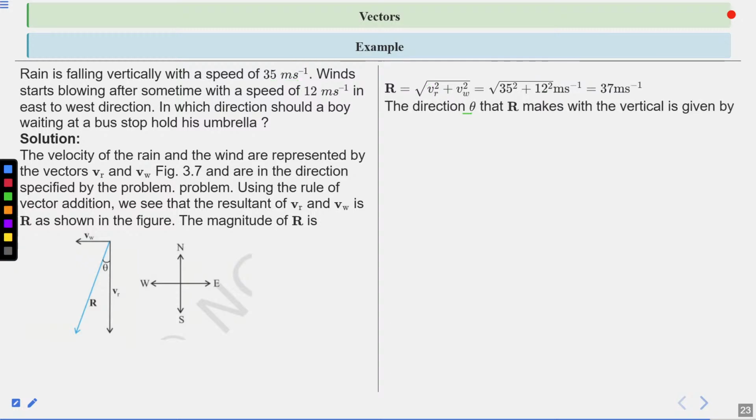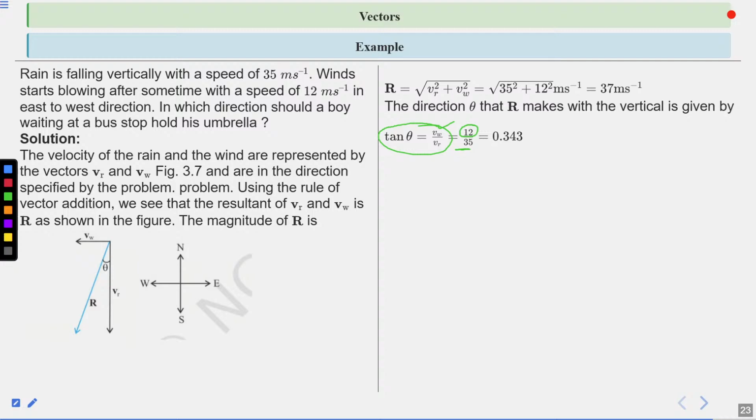The direction theta that R makes with the vertical, look at here. How can we calculate theta? Using the formula. And what is the formula? tan theta is equal to VW divided by VR. VW is 12 and VR is 35.